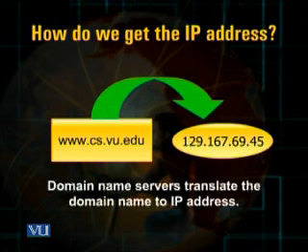You can see the IP address 129.167.69.47. What type of IP address is this? You can just look at the first byte, the first number, 129. You know the range for a class B is from 128 to 191. So just by looking at this first number, 129, you can immediately recognize that this is a class B type of network.